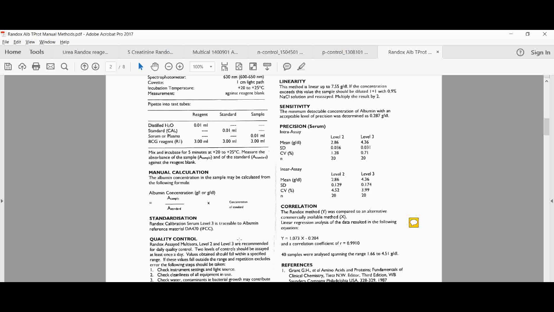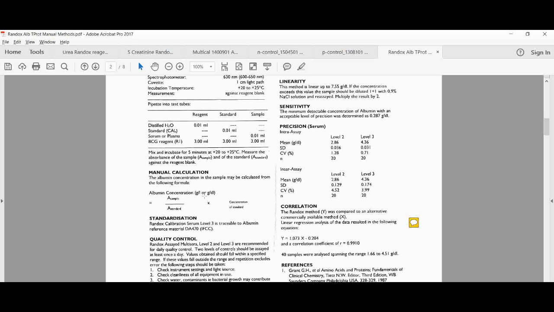Or you can say the other way, the absorbance of a solution is directly related or directly proportional to the concentration of that substance in solution in a 1 centimeter light path.